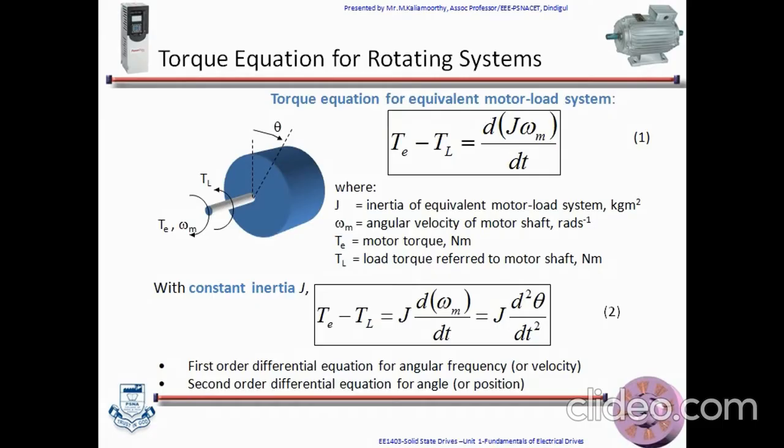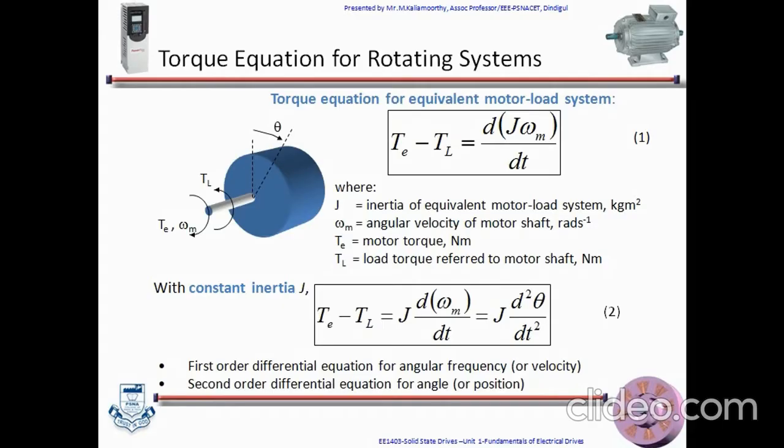By applying Newton's second law to the motor shaft, we can write Te minus TL equals d(J omega)/dt. With constant inertia, considering J as constant, we can write expression 1 as Te minus TL equals J into d omega by dt, which is also equal to J into d square theta by dt square.